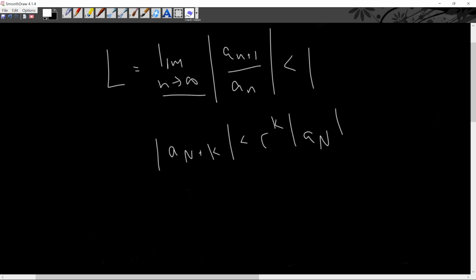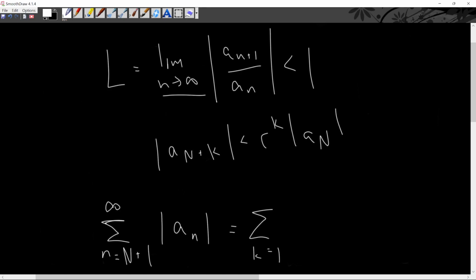This is a bit of an abstract way of writing this. So we have the series n equals capital N plus 1 to infinity of a sub n, and this is equal to the series from k equals 1 to infinity of a sub N plus k, right?